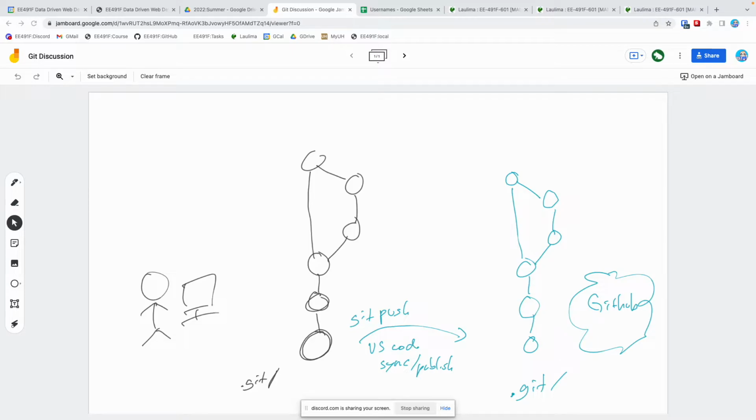So committing is really making the circles, and whatever you decide to stage is what's going to be committed, and then the branch is just kind of organizing the circles.